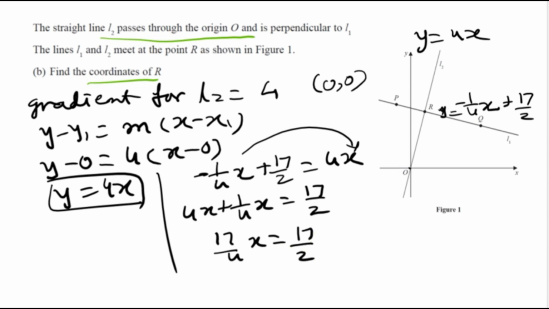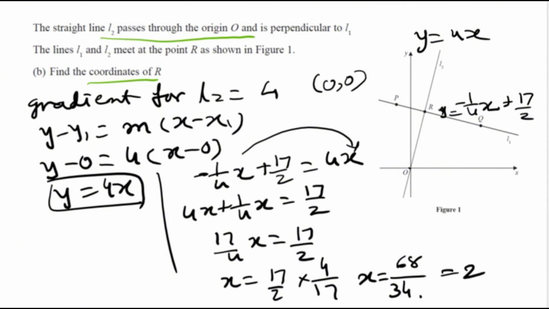So x is equal to, put into calculator, 17 over 2 times 4 over 17. I can do the reciprocal. So the x coordinate I am getting is 68 over 34, and that will give me 2 in the simplest form.